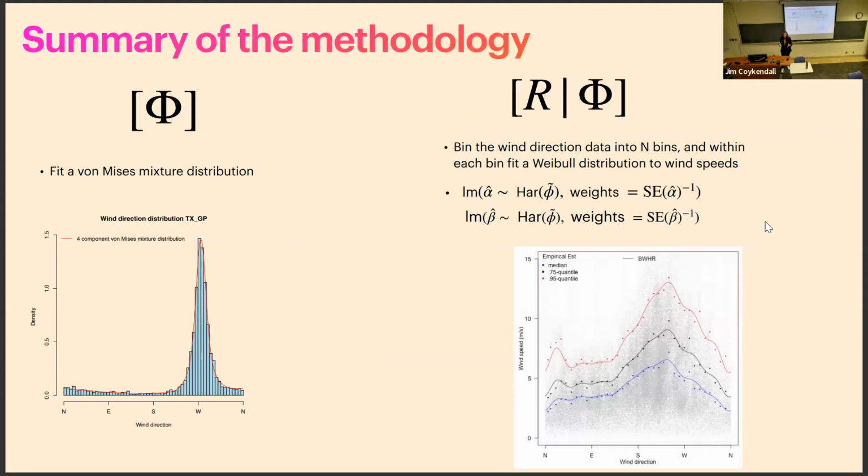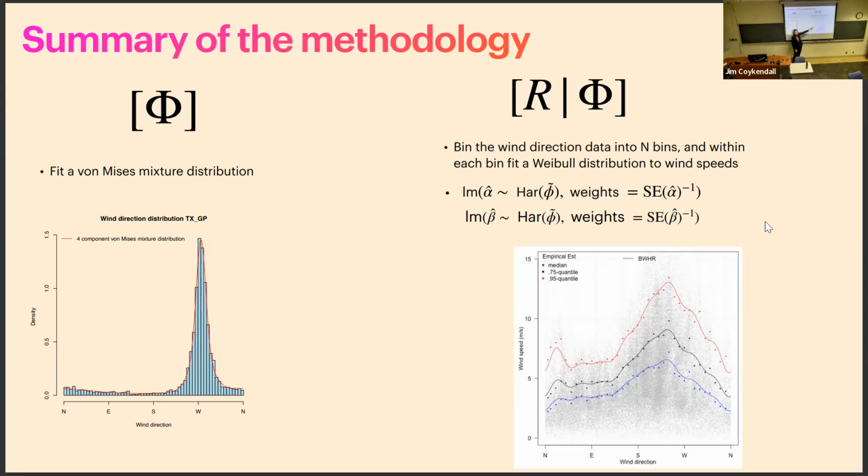So to sum the methodology up, we started with wind speed and wind direction measured at one location in one season, and we took the joint distribution and split it into the marginal distribution of wind direction and the directional wind speed distribution. For the marginal distribution of wind direction, we use a Von Mises mixture distribution to estimate it.